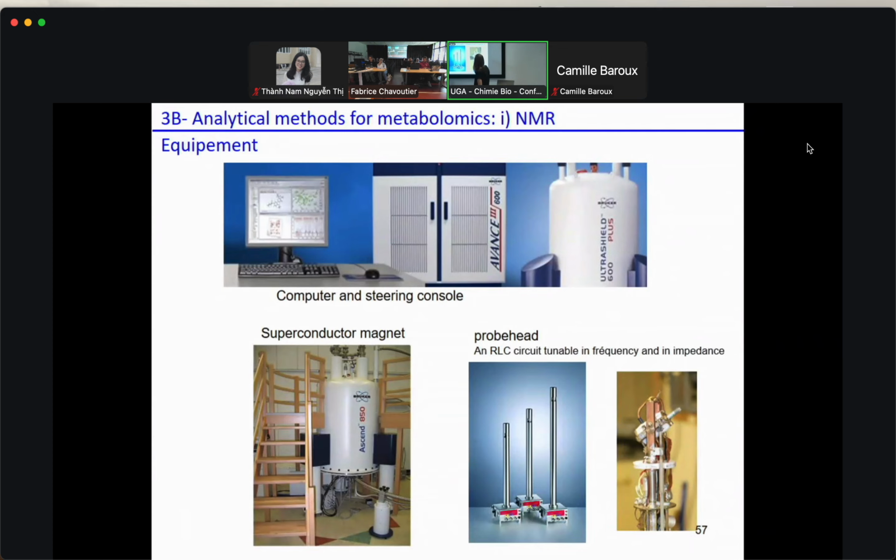This is the probe, a magic angle probe. We put the probe inside the magnet, and there are coils there to excite the spin. And this is the magic angle here where the sample is put. So the sample is inside this small part.